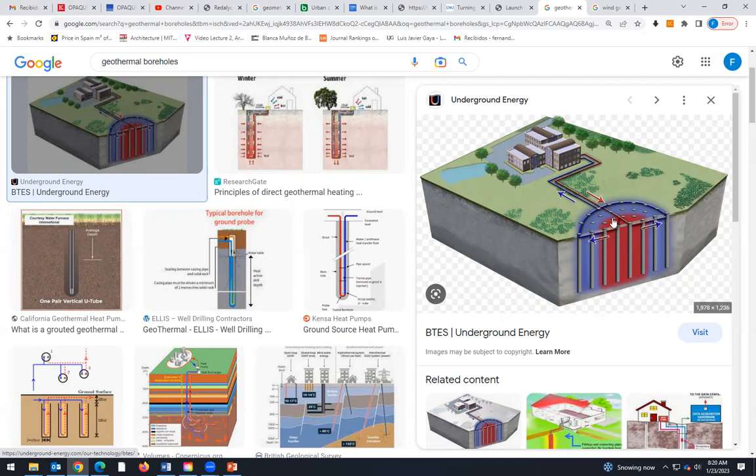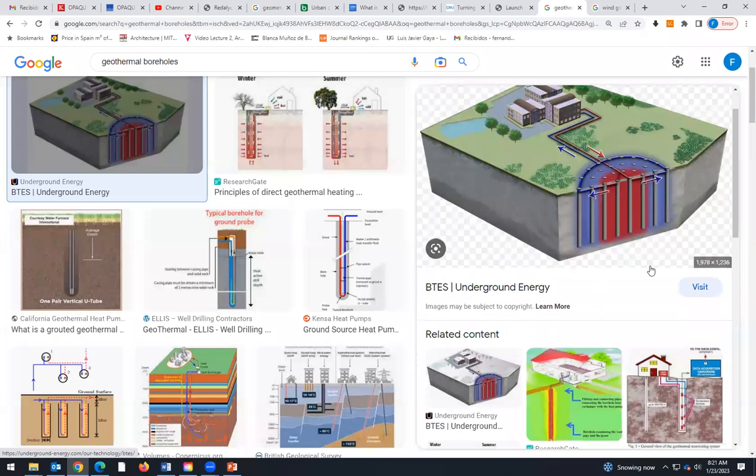And we use this to work with water-to-water heat pumps. This is not the geothermal energy that digs until we have a heat source. This is a way to interchange heat with the soil. But we have to dig until 50 or 100 feet.